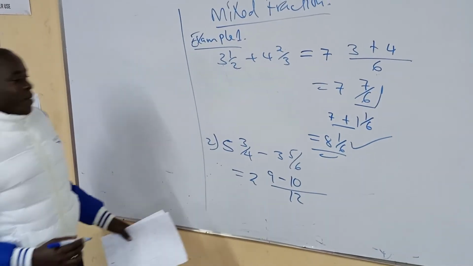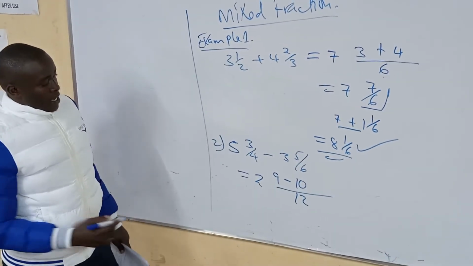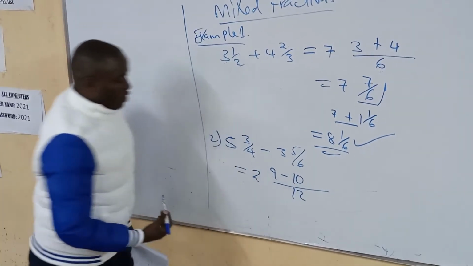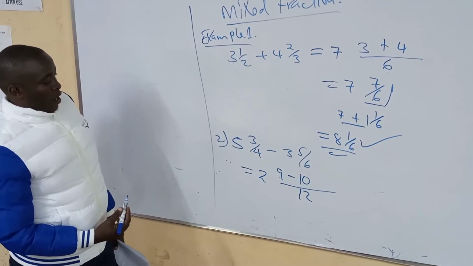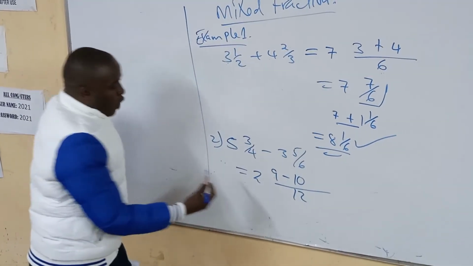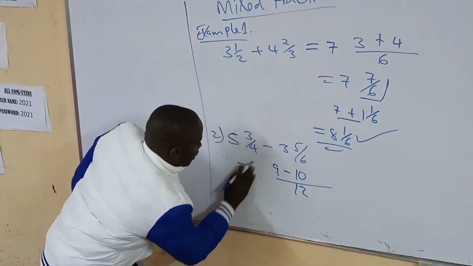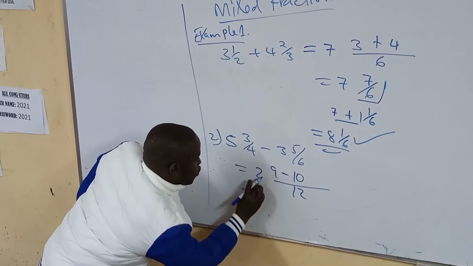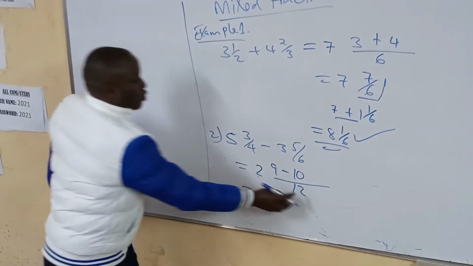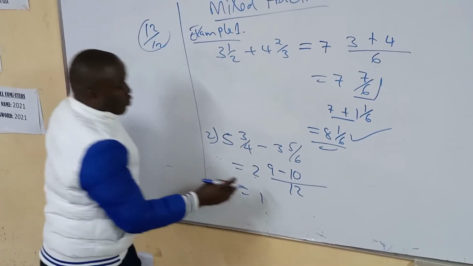Now, this becomes a problem to some of you. 9 is less than 10, and therefore you cannot subtract a bigger number from a smaller number. What you do, you borrow. If you borrow 1 from the whole number, we remain with 1. And because this was 12 over 12, the 1 we borrowed is equivalent to 12.